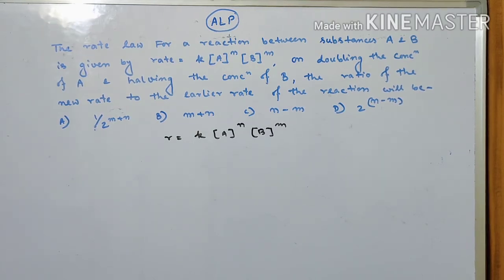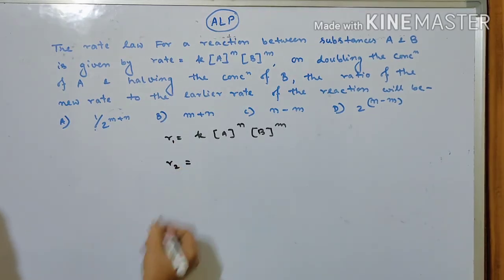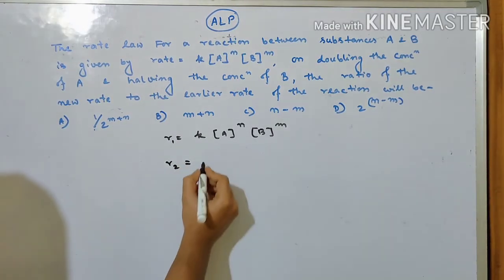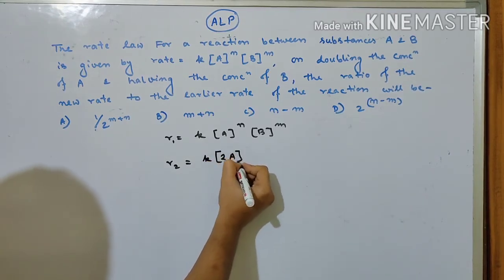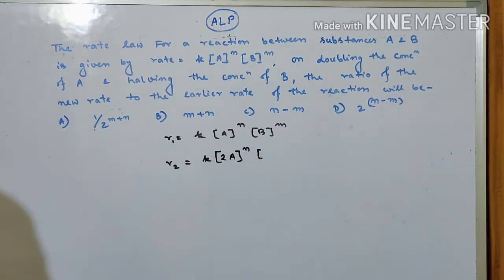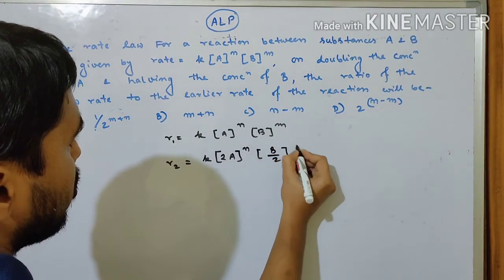We are doubling the concentration of A and halving the concentration of B. So if it is R1, R2 should be how much? K into, it is getting doubled, so it is 2A to the power n, and it is getting half, so it is B by 2 to the power n.